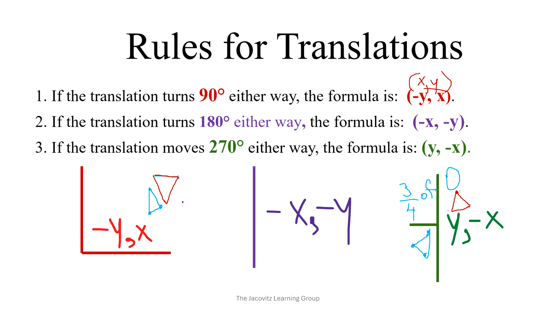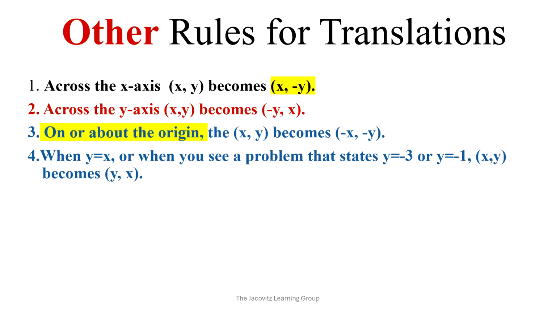Okay, but when we do these formulas coming up, you have to realize what's going on, and now we have to use prepositions. So this brings us to our other rules for translations. Across the x-axis, x, y becomes x and negative y. So if we had 1, 2 for a point, let's just say 2, 3, and 0, 1/2.